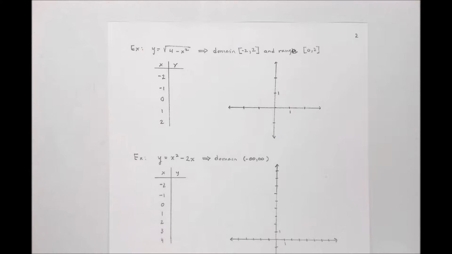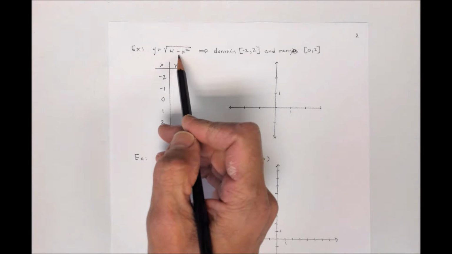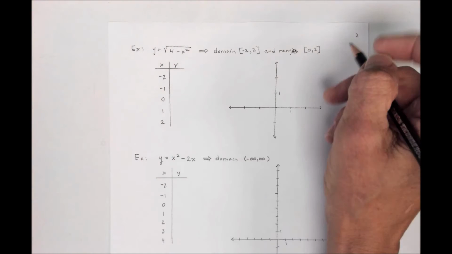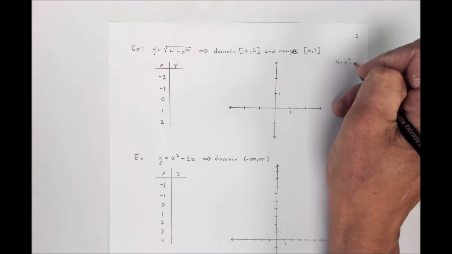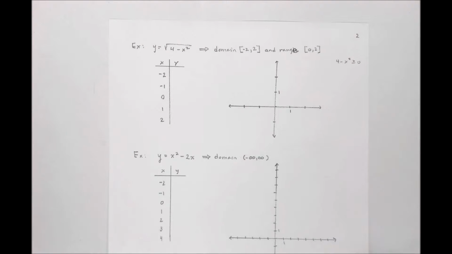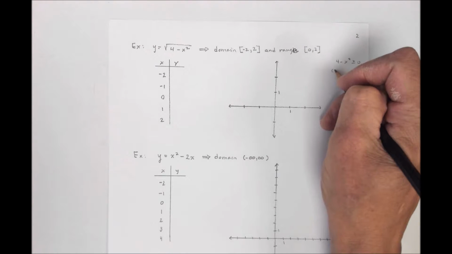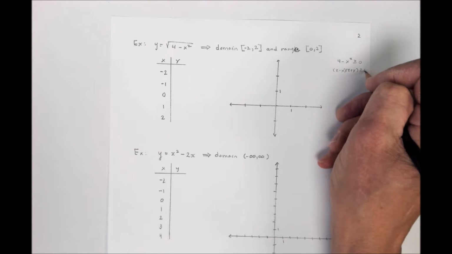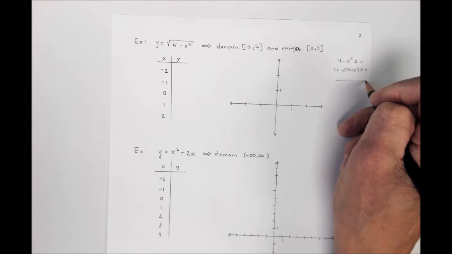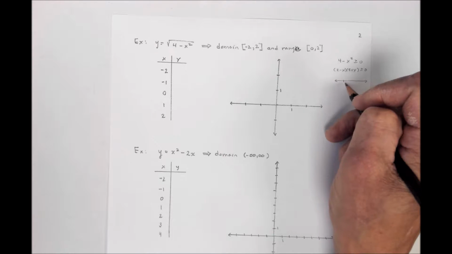Now if you wonder how I got the domain, because we're looking at real valued functions, I know that 4 minus x squared, and I'll put it right over here, must be greater than or equal to 0. So that would give me 2 minus x times 2 plus x greater than or equal to 0. I get key values of 2 and -2.